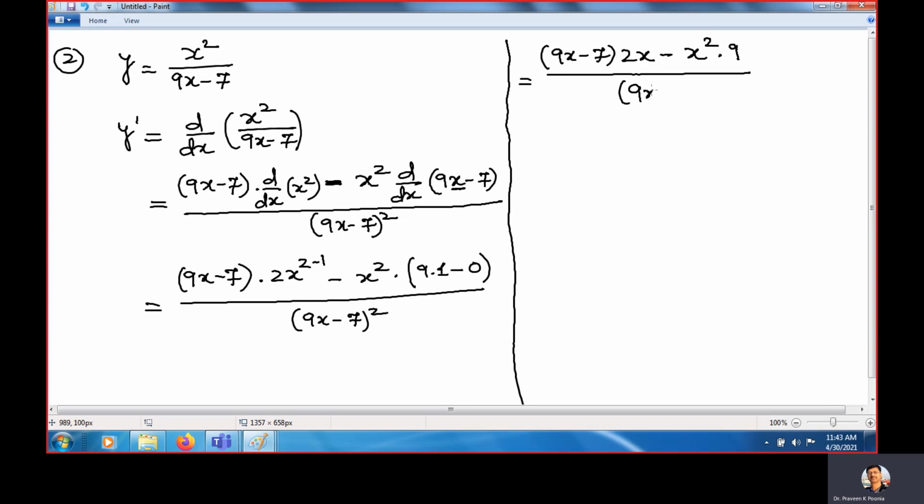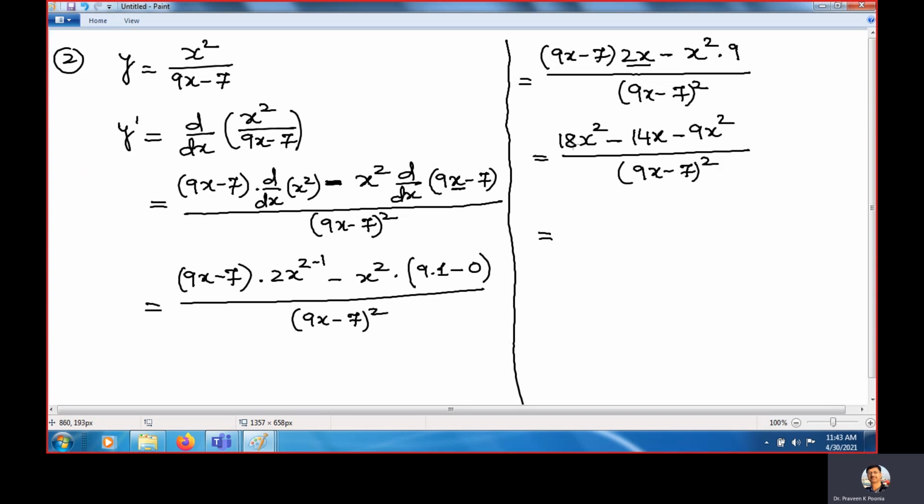Upon (9x minus 7) whole power 2, which is equal to 2x into 9x, 18x power 2, minus 7 into 2x, 14x, minus 9 into x power 2, upon (9x minus 7) whole square.